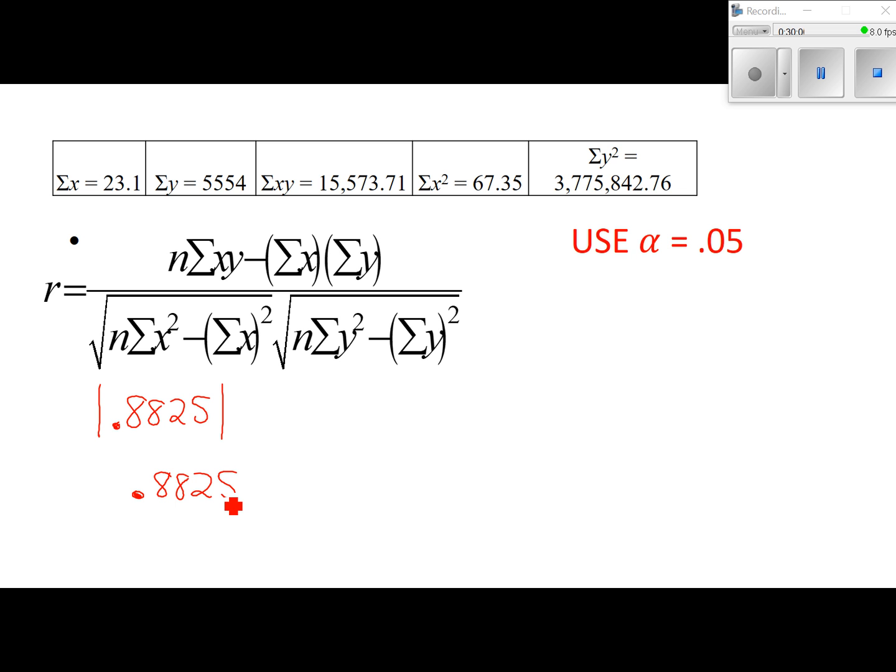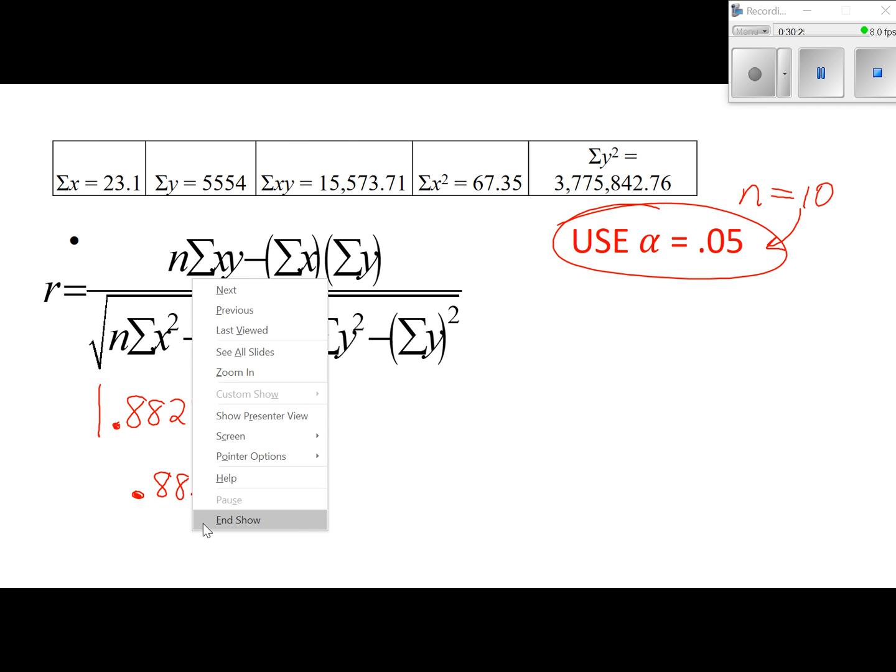And all we're going to decide is, is that greater than our critical value? For our critical value, we're going to use our chart, with n equals 10 and our level of significance 0.05. I'm going to switch to the next slide here. This is the chart, and we're just going to look at where n is 10, which is right here, and go out to 0.05, which is this column.